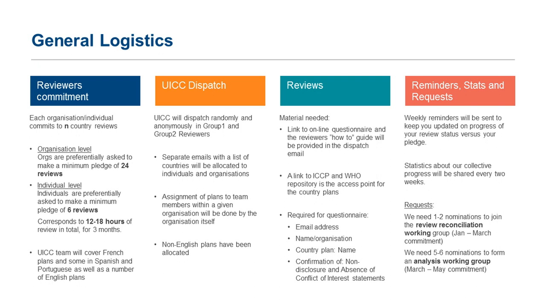We still have a few requests to partners and reviewers. We still need 1 or 2 persons to be nominated to the review reconciliation working group from January to March. We also need 5 to 6 people to form an analysis group for the period of March to May.